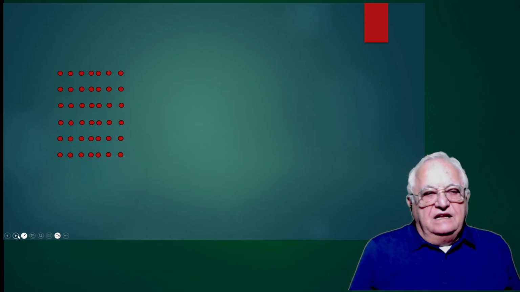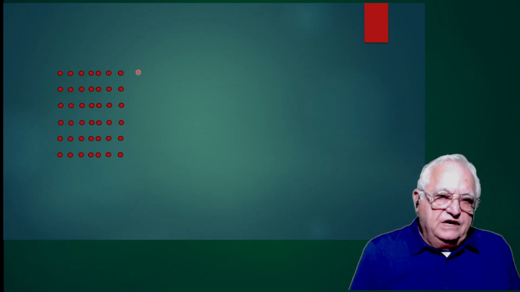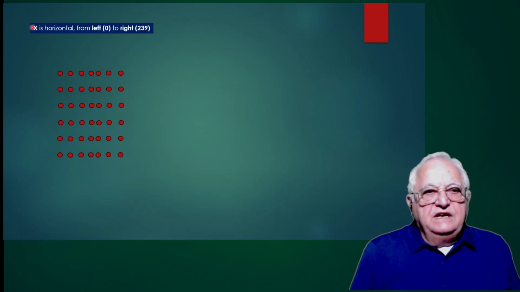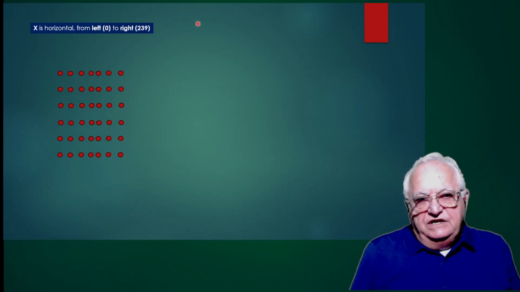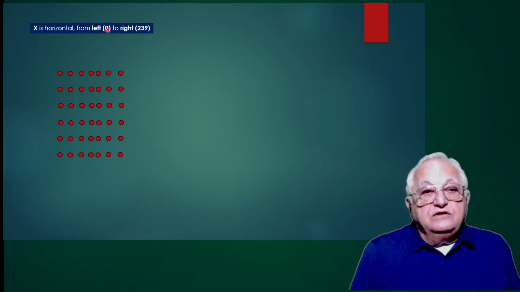Next, what I'm showing here is supposed to be the pixels of the display. In the X direction, which is this direction, I'm going to have 240 pixels. That was the resolution of the display, 240, so it's going to go between 0 and 239.